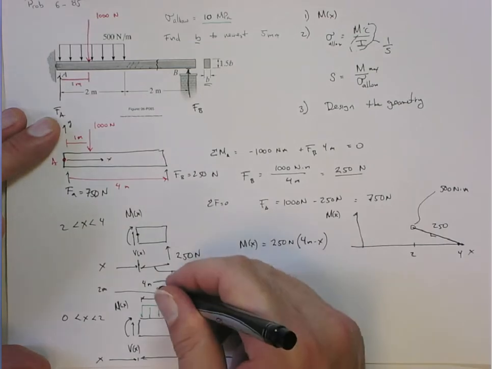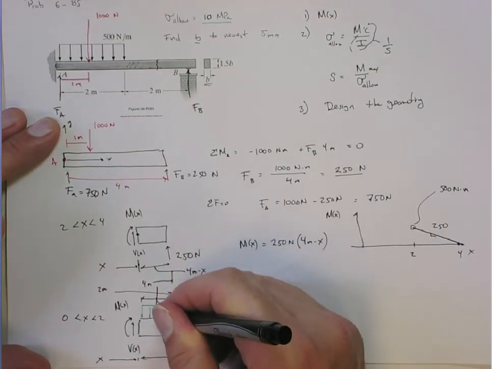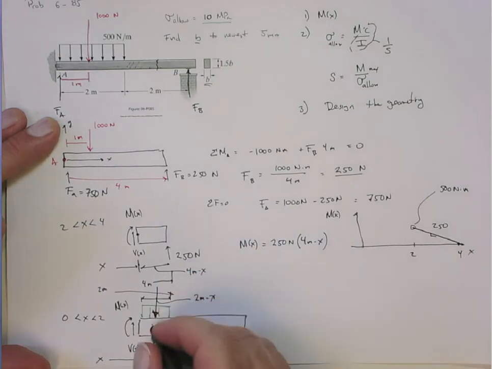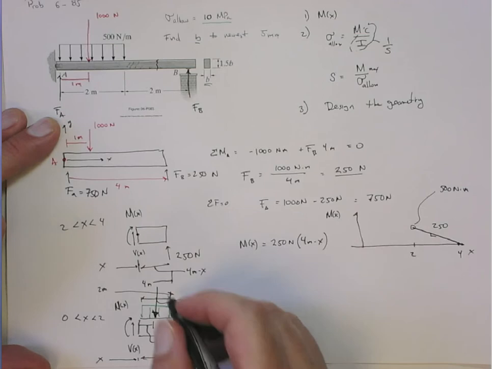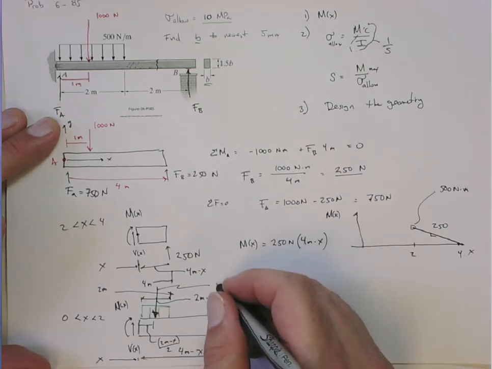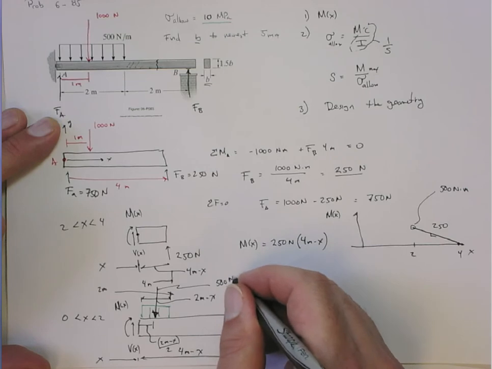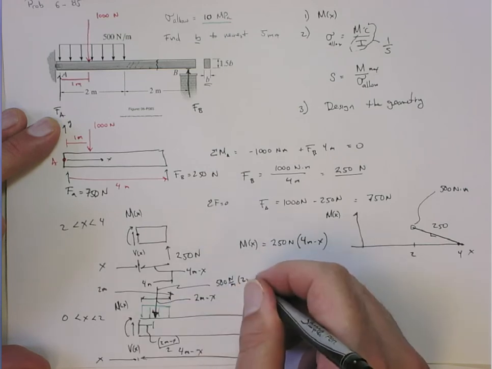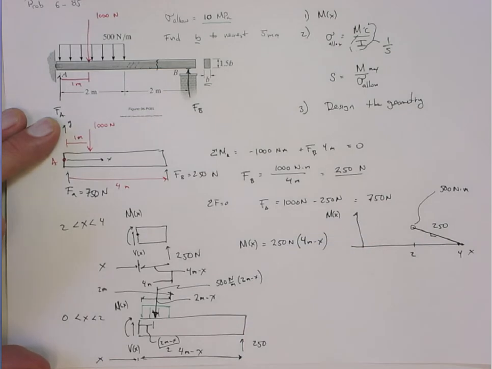So the total downward force, the effective downward force of this distributed load, it's going to occur right here at 2 meters minus x on 2, and its magnitude is going to be 500 Newton meters over the 2 meters minus x that it acts on.